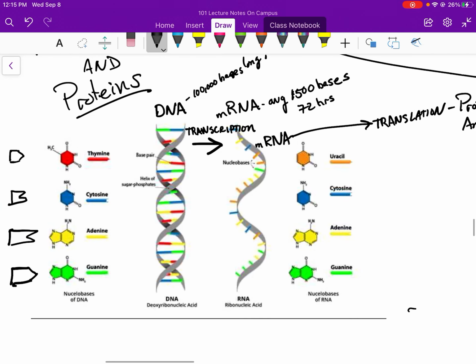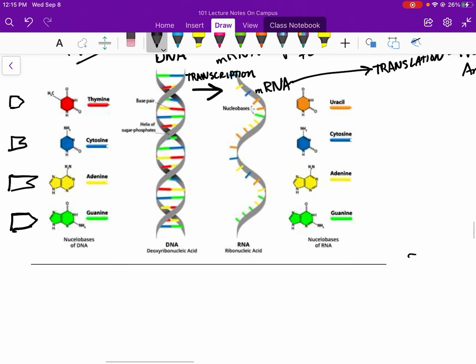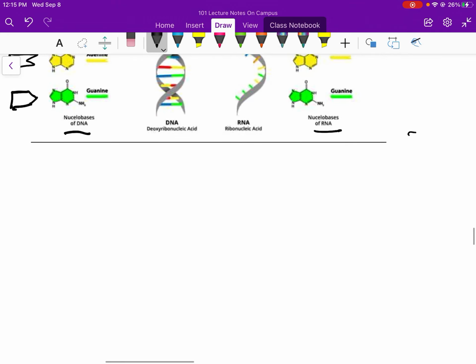So let's go in and look more closely right now at the structure of DNA. Also on the list that you have here are the nitrogenous nucleobases of DNA and of RNA, which we'll get to in just a moment. At first, if you were to flatten out the DNA, it would look something like this.